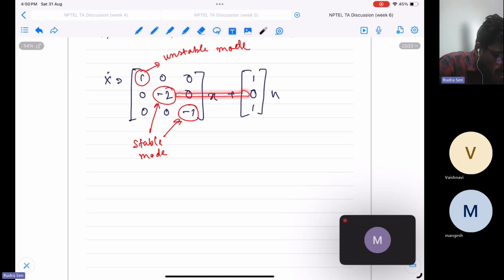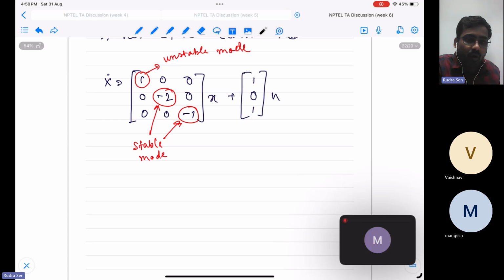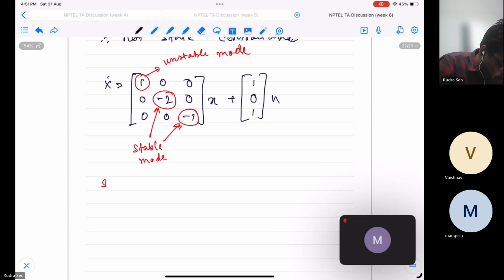There is a stable mode, no need for a control input. There is a stable mode, a control input exists, but there is no need. So if the unstable modes are controllable and the non-controllable modes are stable, then the system is stabilizable. So the system is stabilizable.